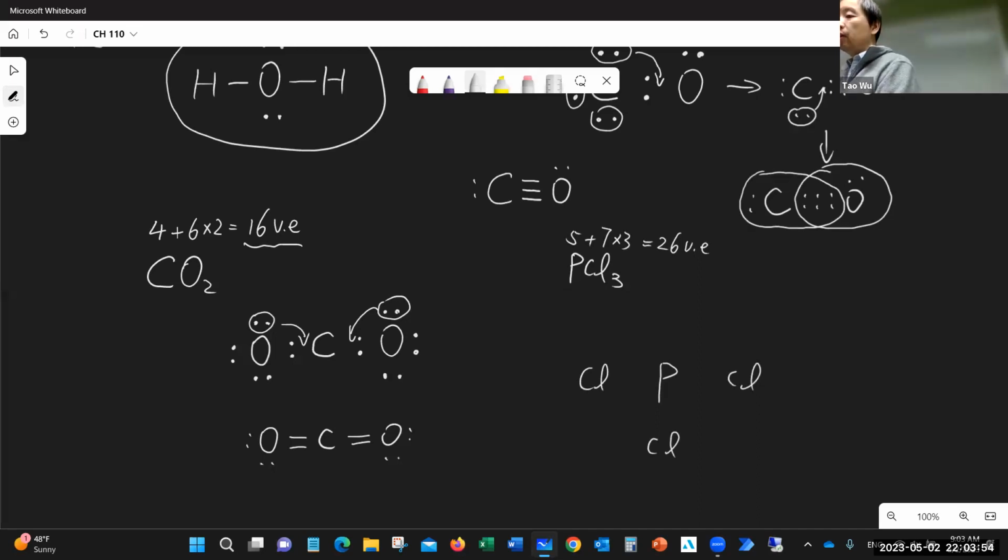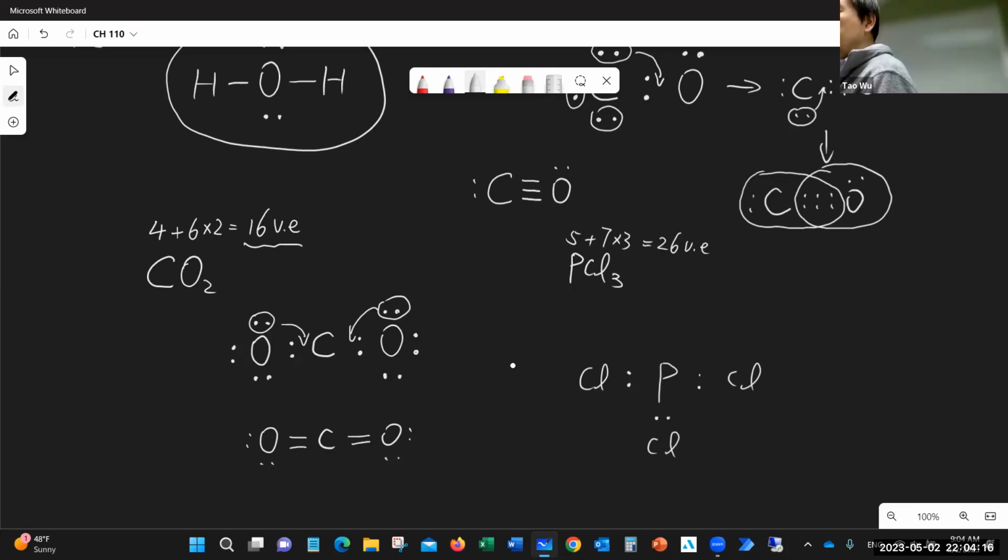Okay, so first we already have the 6 dots in the shared electrons. Okay, and then we're going to assign the rest, the 20. So we talked about how you're going to assign the dots around the side atoms first to make the side atoms octet first.